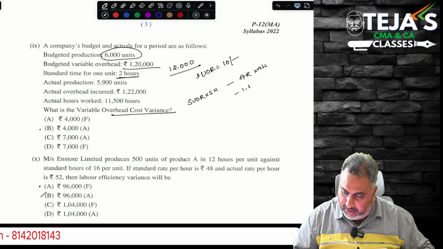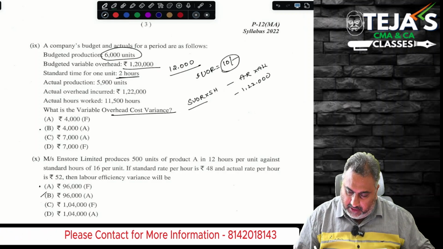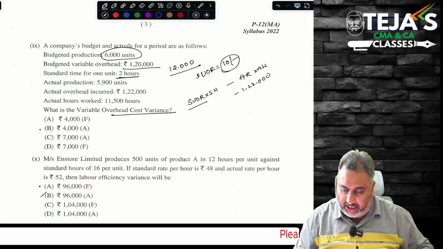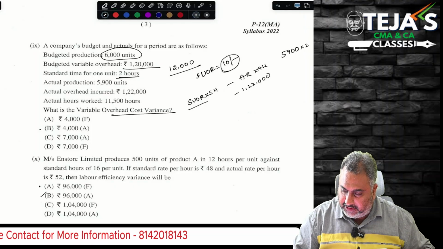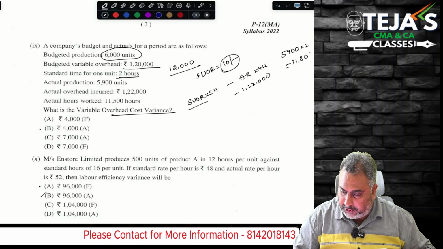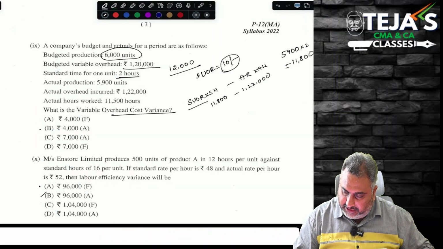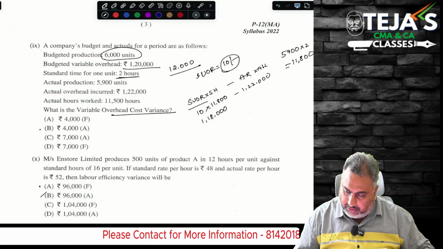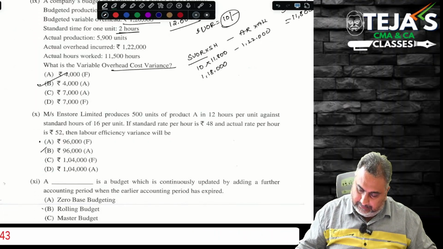AR is already given, 1,22,000. SVOR we got 10. What is our standard hours? Standard means always standard for actual production. That means 5,900 actual production into 2, that is equal to 11,800. So standard hours 11,800 into SVOR 10 is equal to 1,18,000 minus 1,22,000, 4,000 adverse will be your answer.